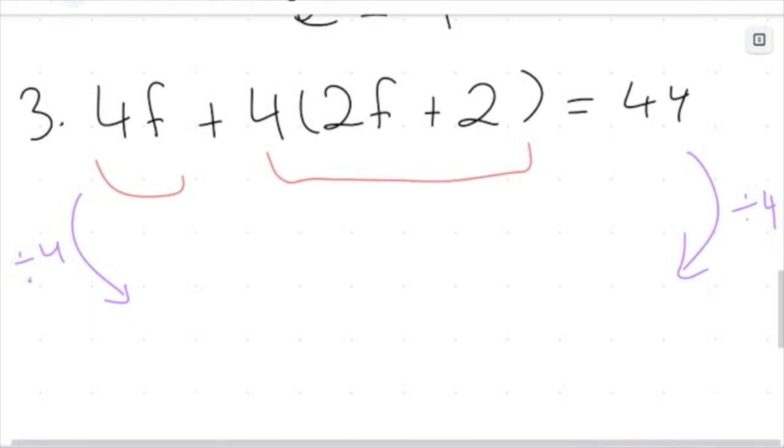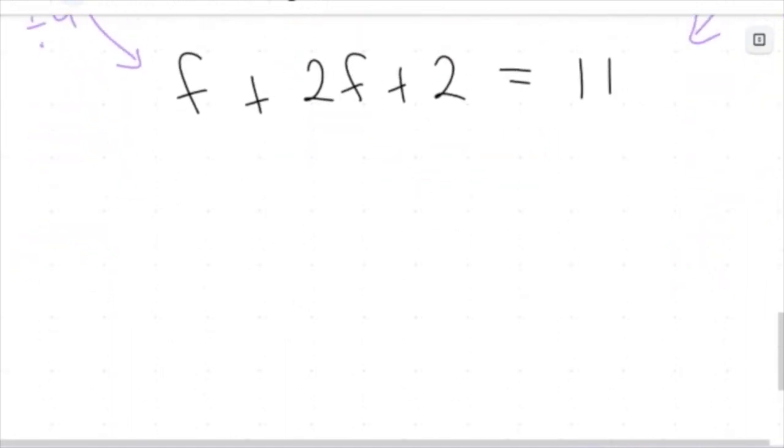So 4f divided by 4, that's just going to give me f. Now, dividing this entire expression by 4 leaves me with 2f plus 2. And my right-hand side, dividing 44 by 4, gives me 11.